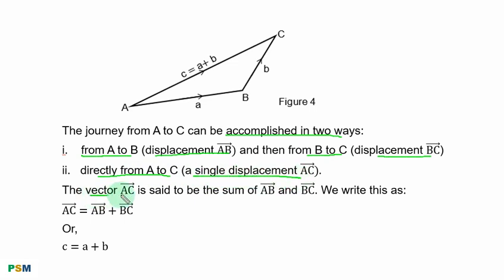The vector AC is said to be the sum of vector AB and vector BC.